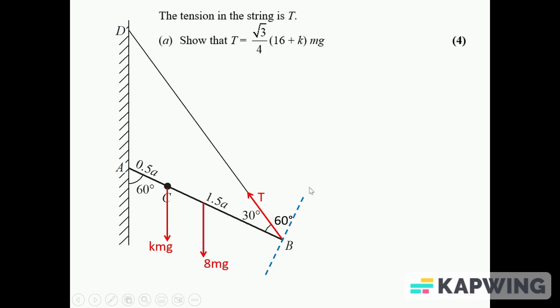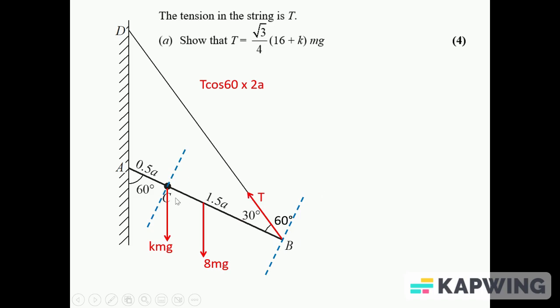So to make the tension perpendicular to the rod, I've got to turn it through 60 degrees. So the moment of the tension is T cos 60, the component perpendicular to the rod, multiplied by 2a. It'll also have a component going along the rod, but because that goes through A, it doesn't have a moment, it doesn't have a turning force.